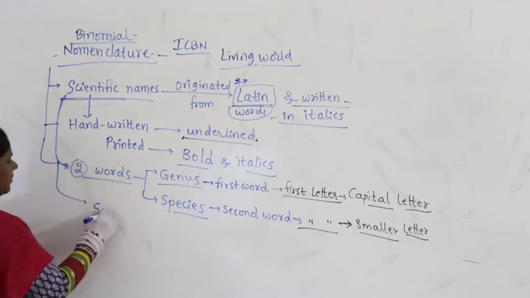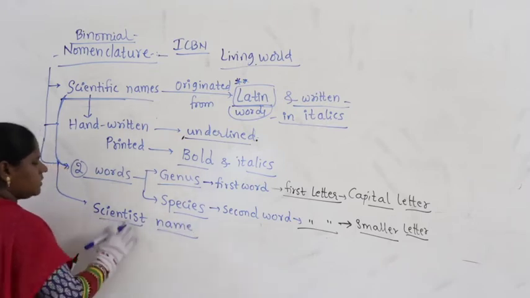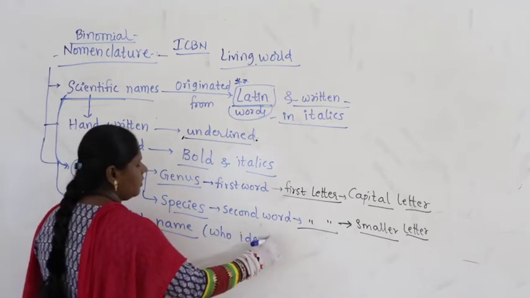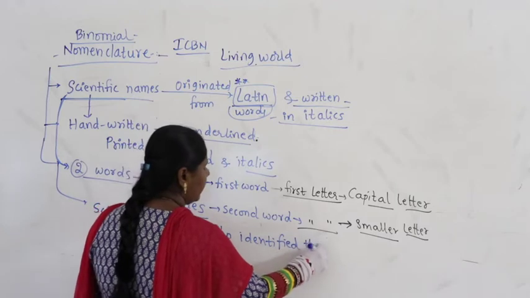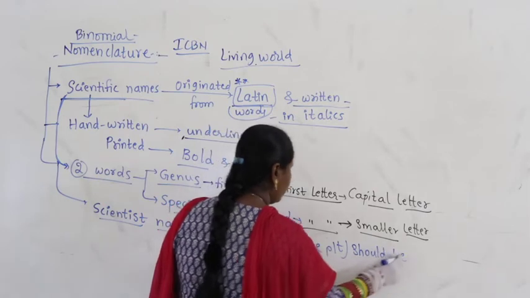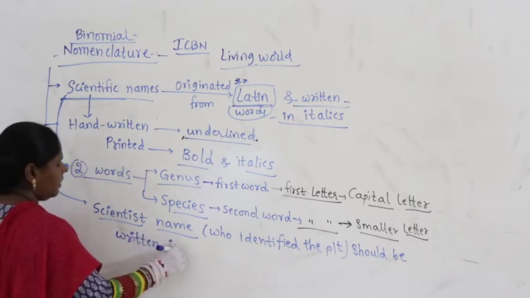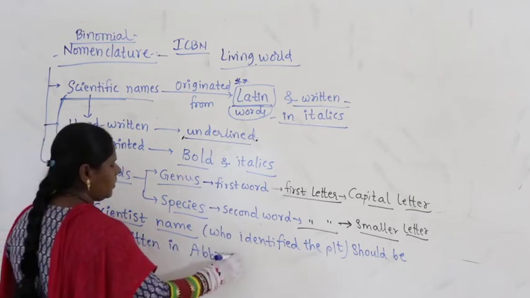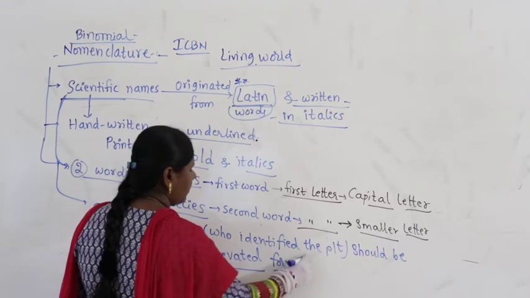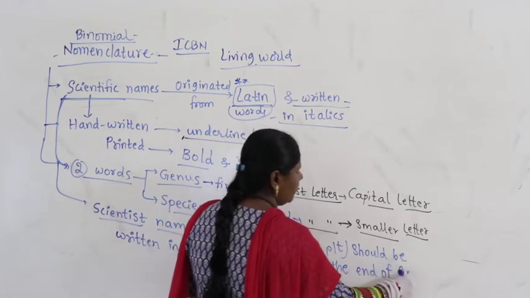Apart from this, the scientist name, the scientist name who identified the plant, should be written in abbreviated form at the end of the scientific name.